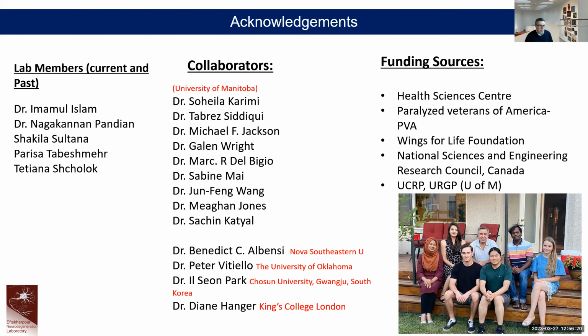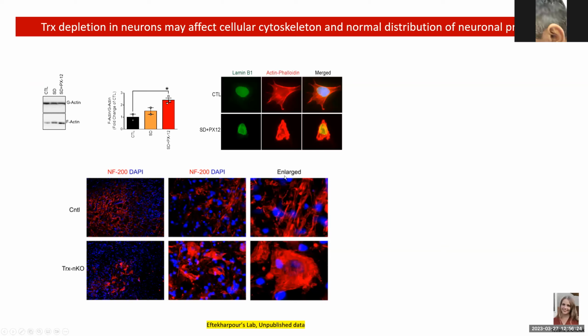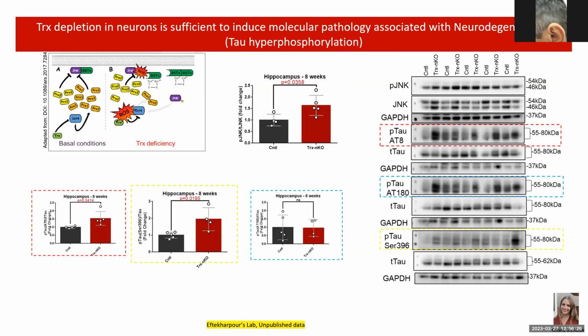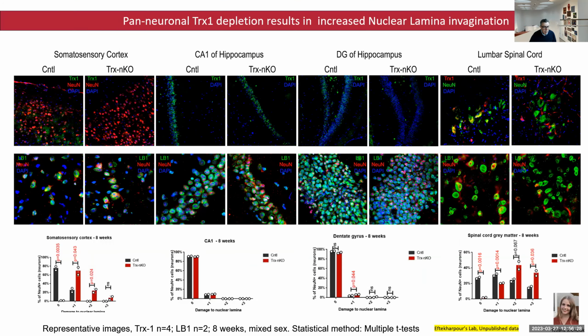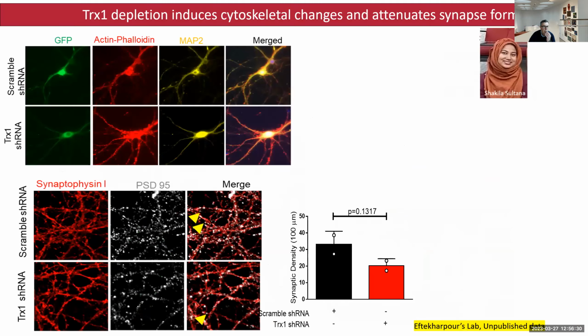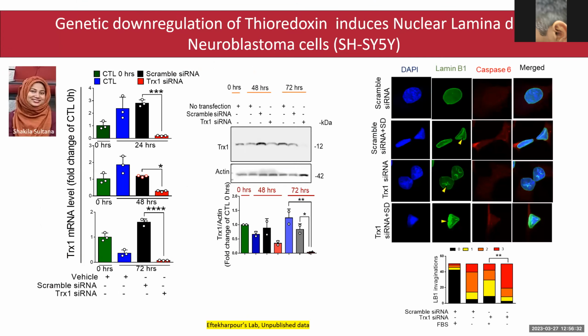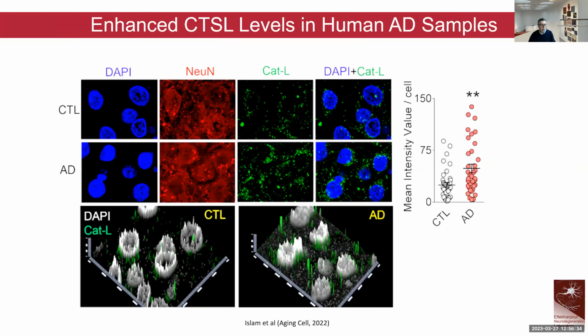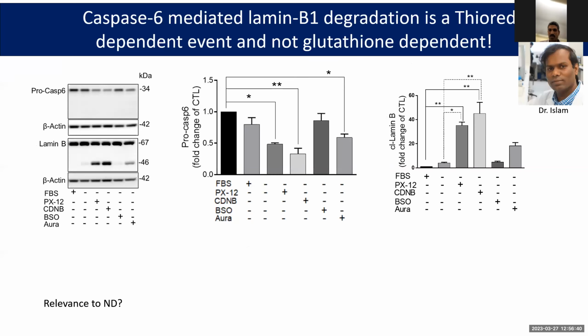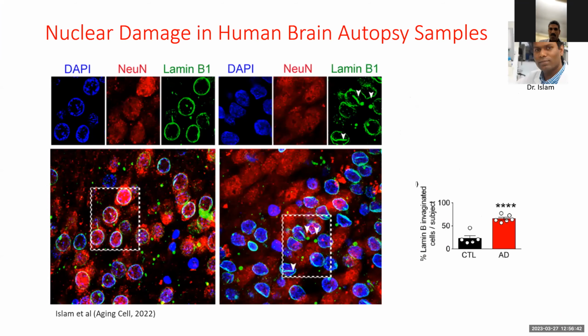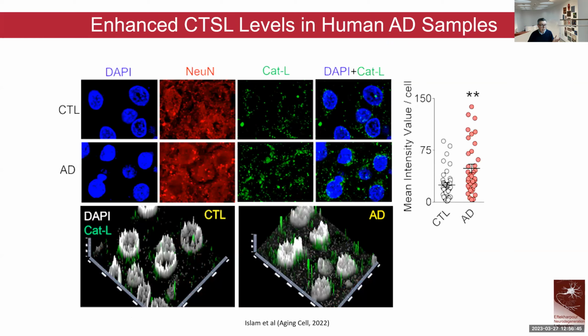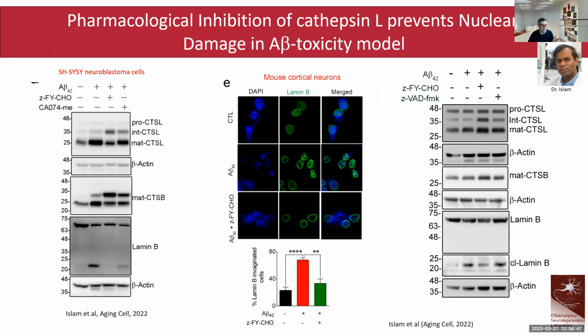Yeah, let me see. To be honest, I have forgotten the name, but it was the one that was relatively better. I know that a lot of these inhibitors are not really that good.